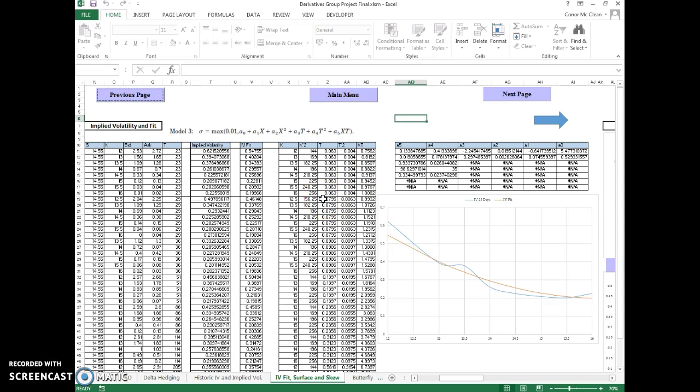From this we were able to calculate the IV fit following model 3 above, and on this graph here it shows the implied volatility for 23 days and also the IV fit for model 3 for the 23 days also.